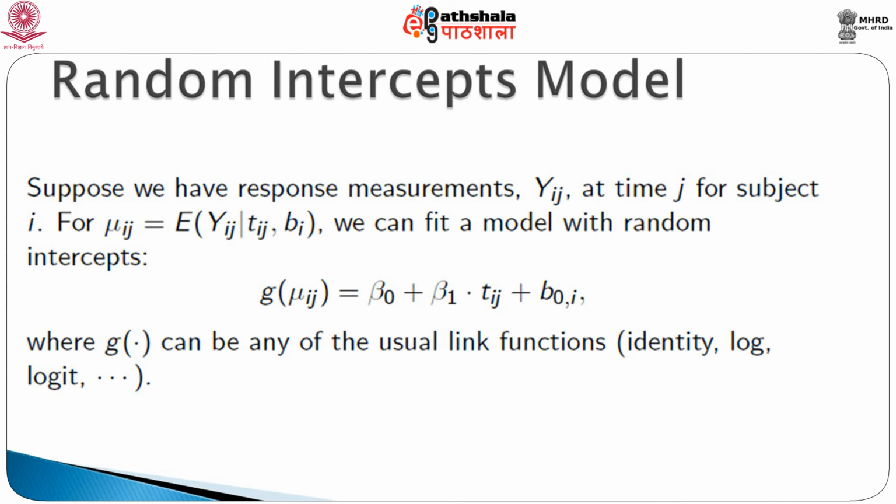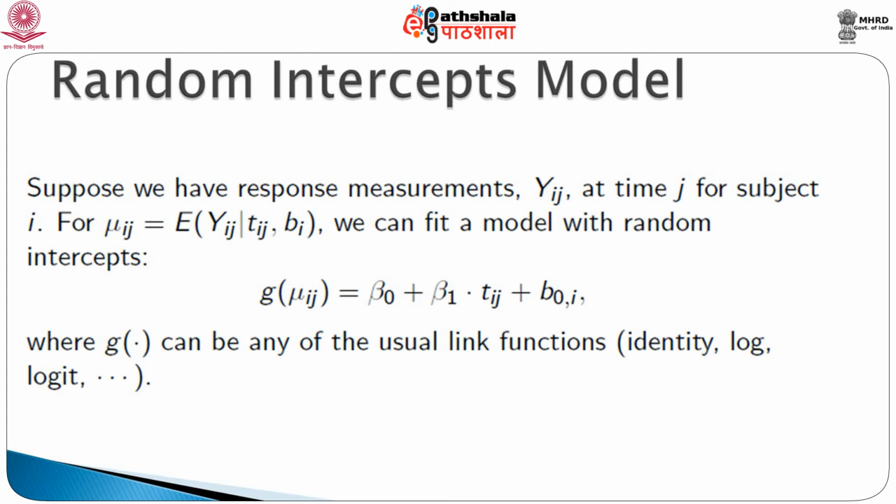The generalized linear mixed model differs from the generalized linear model in the sense that one additional random component comes into the predictor, like in eta i or eta ij, whatever we defined earlier, where you have xi dash beta or xij dash beta, and on top of that you need one additional random component.